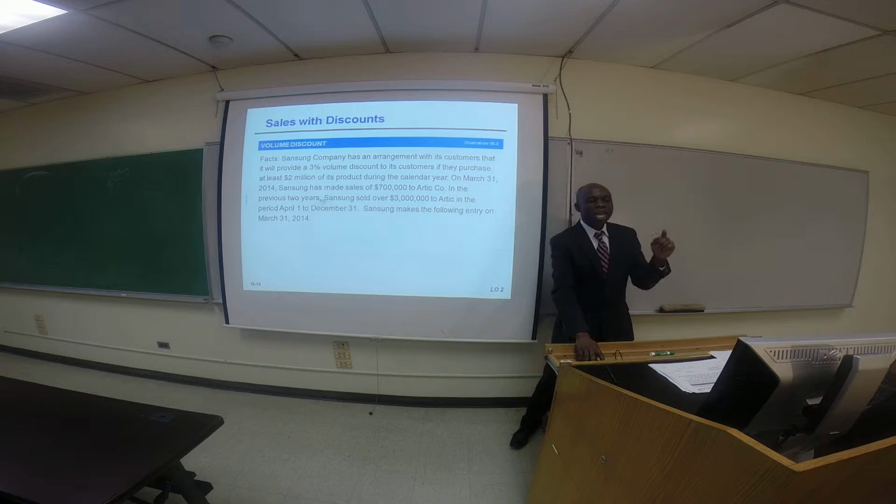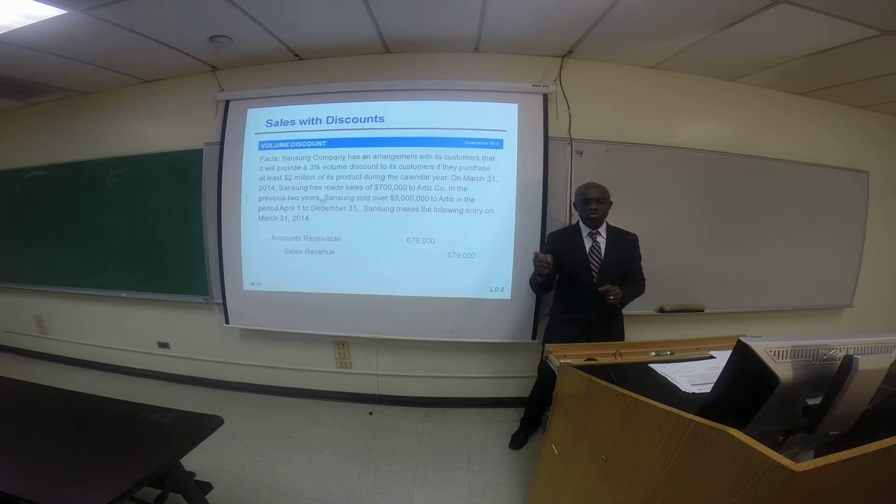So here we are assuming that the buyer is going to meet this requirement. So we debit accounts receivable for $679,000 and credit sales revenue for $679,000. Remember, 3% discount. So 97% of $700,000 is $679,000, or 3% of $700,000 is $21,000. $21,000 from $700,000 will give you $679,000.